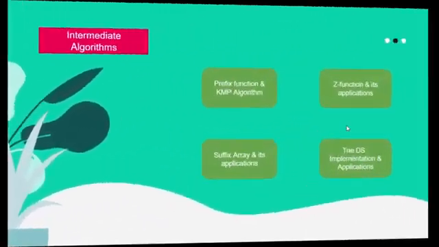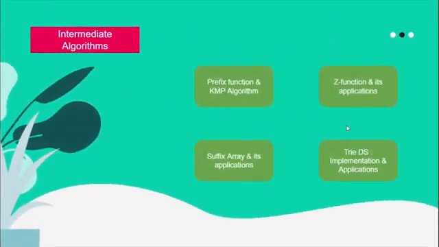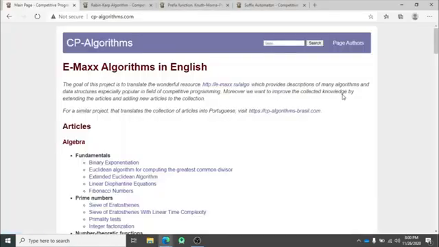Now let's go for intermediate algorithms. In the intermediate level we'll be going on for the prefix function. There are two functions that we'll be learning, prefix and z functions. So prefix function and KMP algorithm. KMP will be used for substring or string searching, and similarly we'll be learning the z function and its applications.